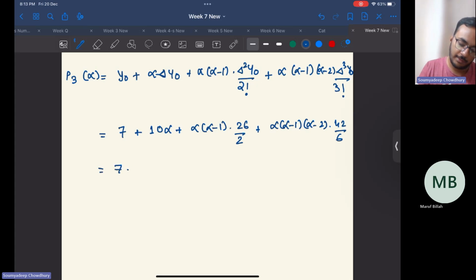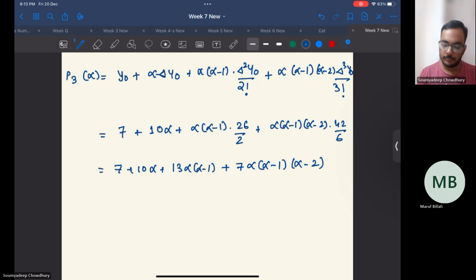So it is basically 7 plus 10 alpha plus 13 alpha into alpha minus 1 plus 7 alpha into alpha minus 1 into alpha minus 2. So this is in terms of alpha. As we found out, alpha is equal to (x minus x0) upon delta x, so alpha is here x minus 1.